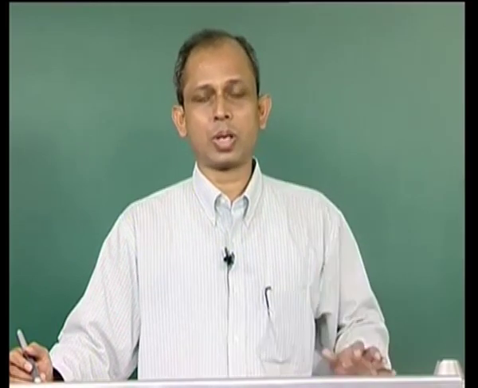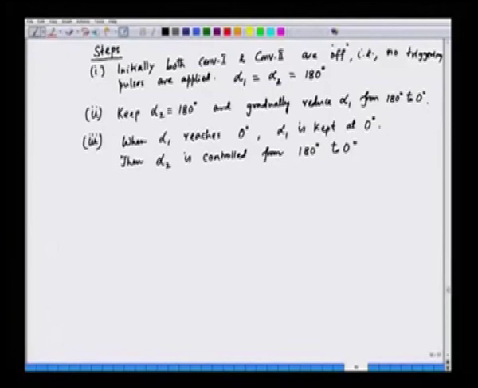Now, if we see the waveform is interesting. Let us see the output waveforms of the converter 1 and converter 2, and also the overall output voltage waveform, that is V naught. So, we can draw the voltage waveforms here.